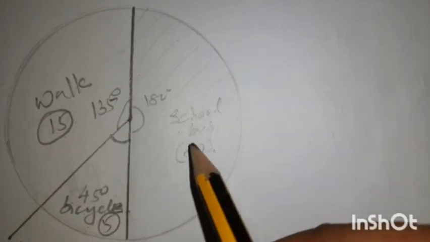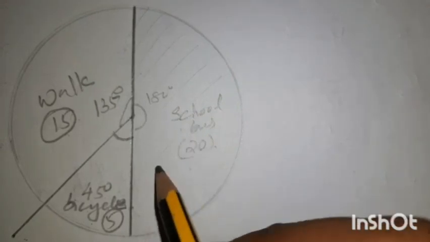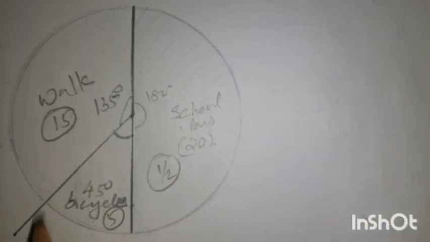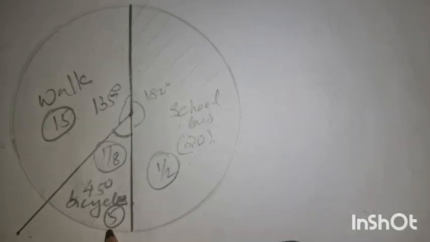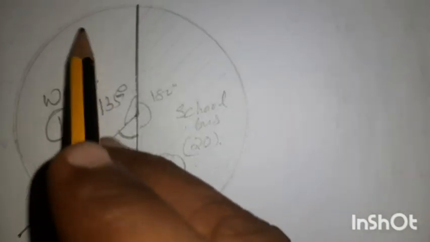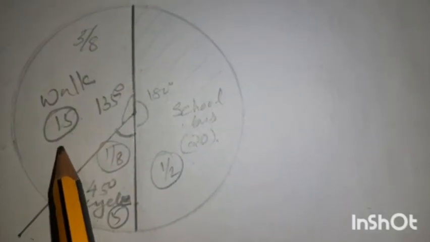So this is the pie chart of the travel mode. Of 40 students, 20 are coming through school bus. That is 1/2 part of the total, and 1/8 part of the total is 45 degrees, that is 5 students, and 3/8 part of the total, that is 15 students, coming through walking.